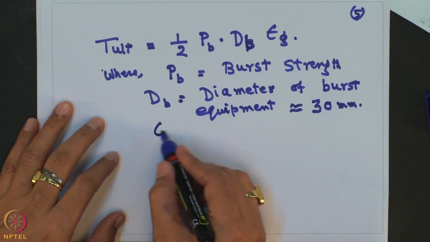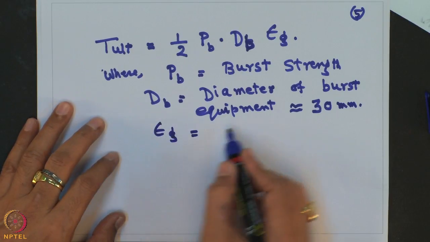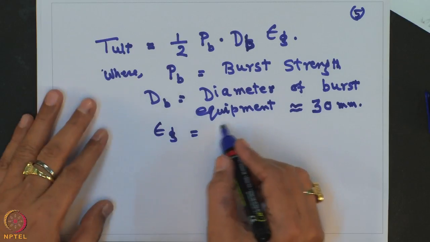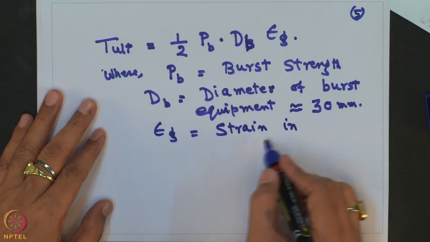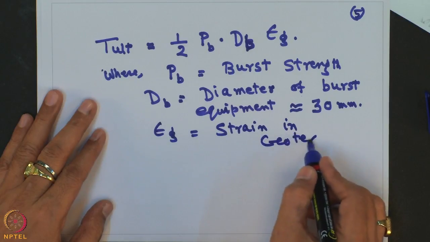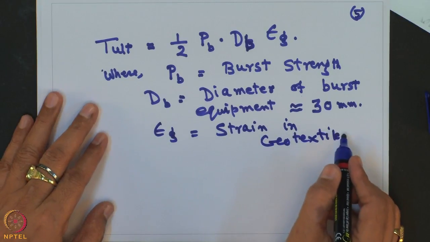And epsilon_g is the strain in the geotextile.